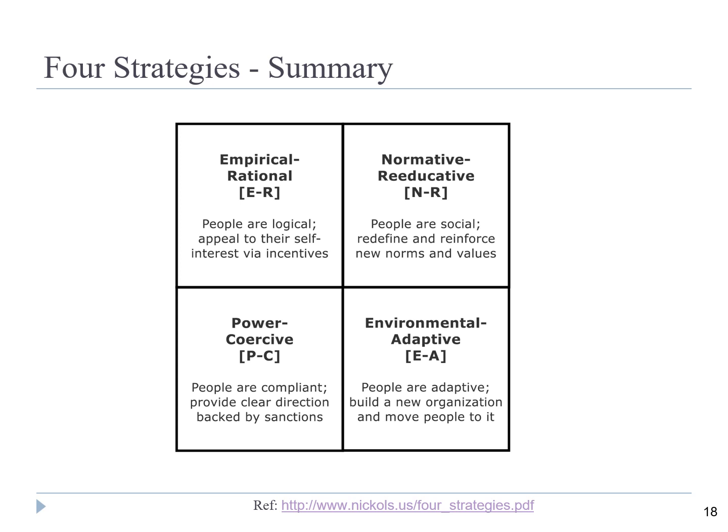Depending on the nature of the change that we are implementing and our assessment of the resistance and the support that we have from our stakeholders, we can choose one of four strategies for implementing the change. The first one is the empirical rational approach.